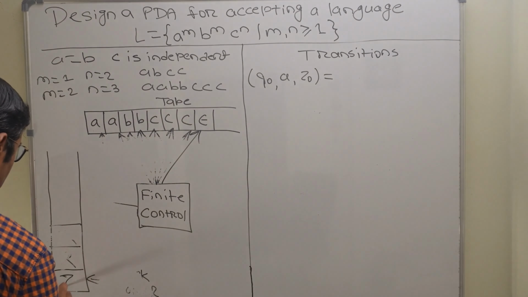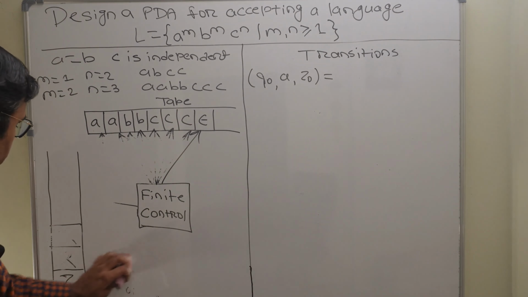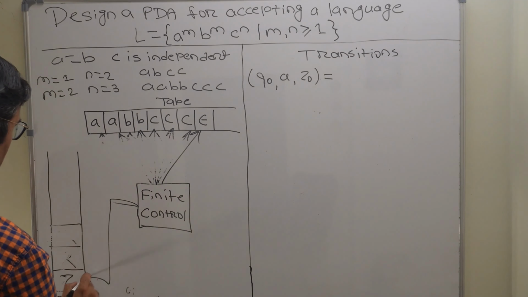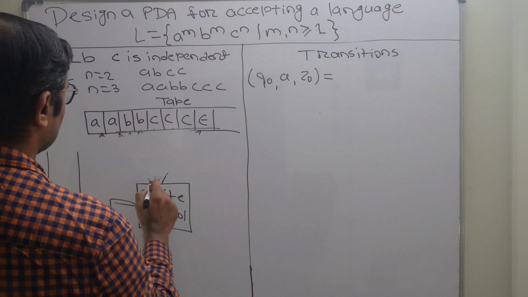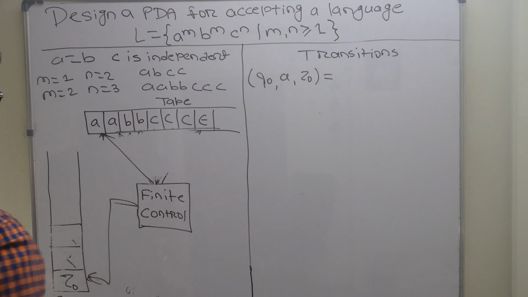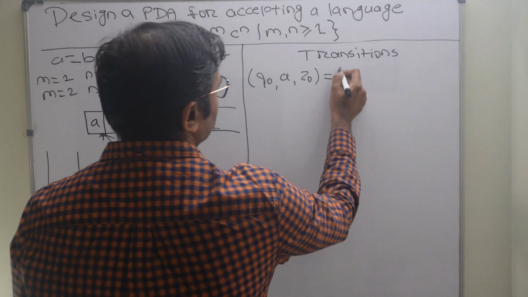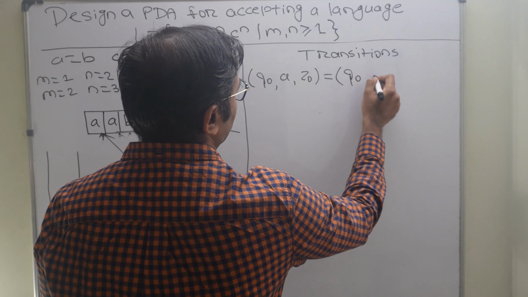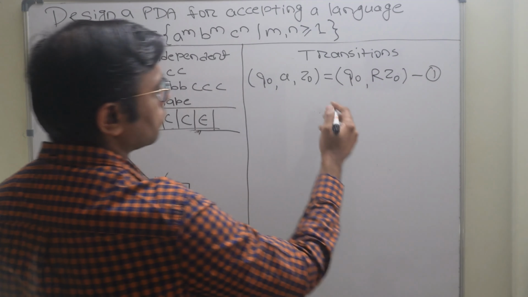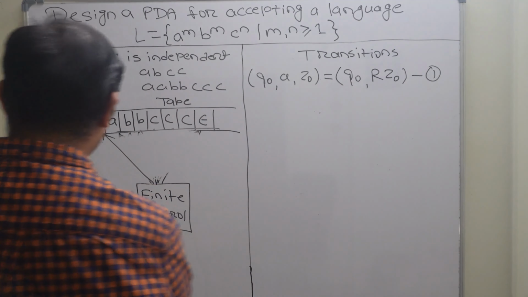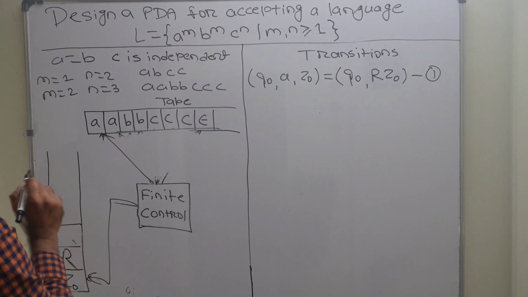The pointer is here. So what is the operation? The operation is that we have to perform an insertion operation. So it is RZ0. Why RZ0? Because for A we are inserting a red plate. So here I will write R.